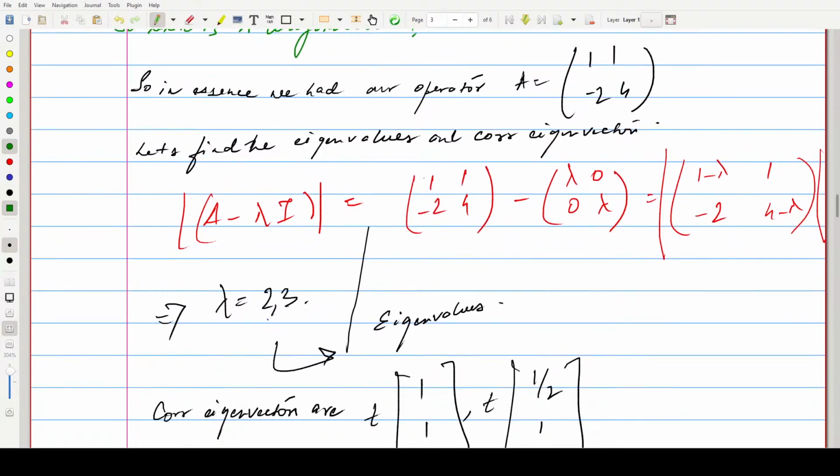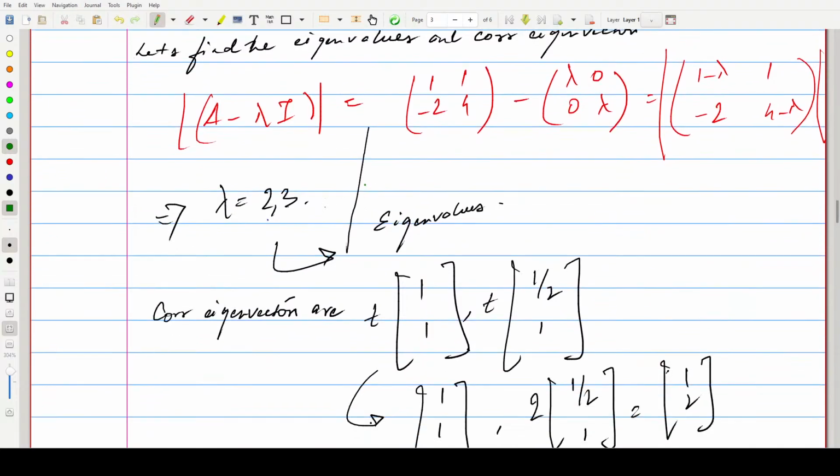Once we do that, we get our eigenvalues as 2 and 3, and for that we get eigenvectors of the form t(1, 1) and t(half, 1). This t is a variable, so it can be anything, but the vectors have to be of the form (1, 1) or (half, 1).